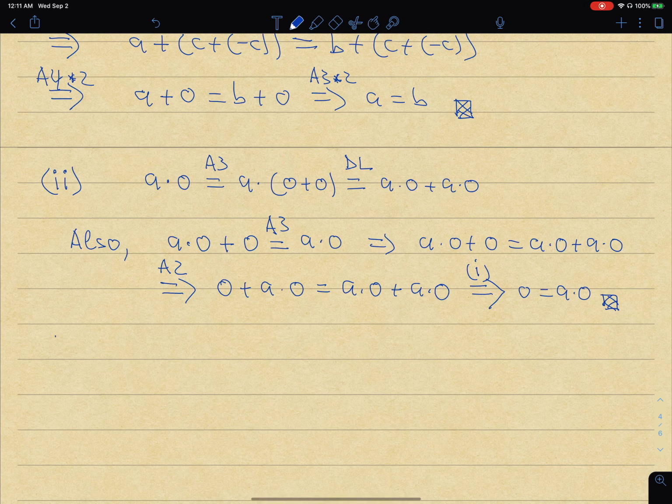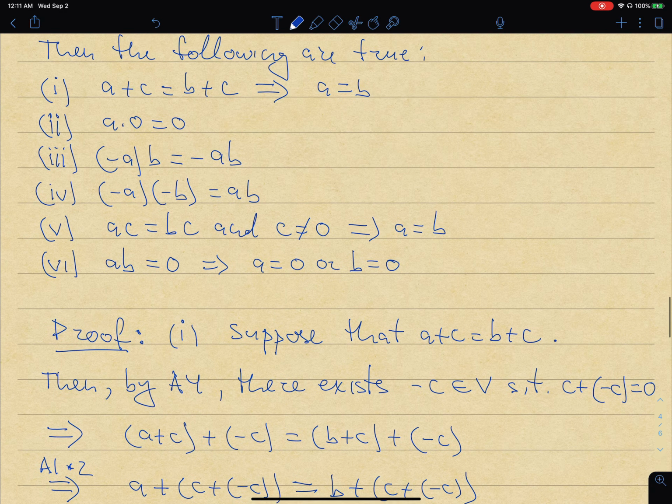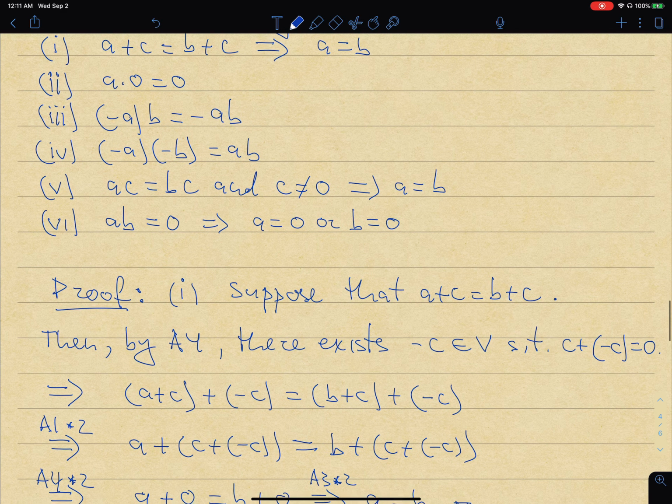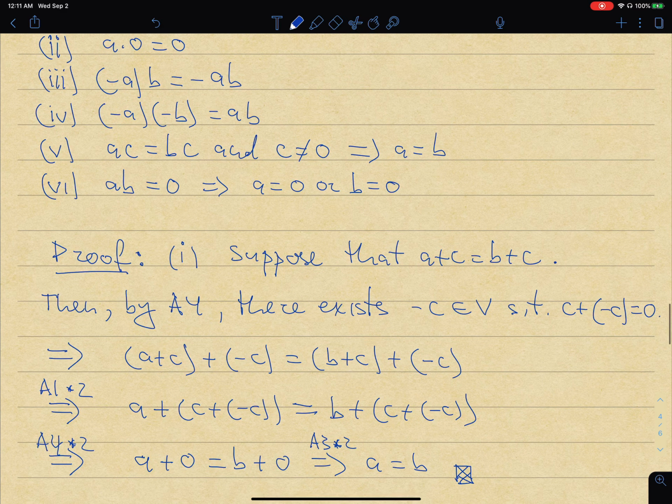And let's try number 3. So in number 3, what do we have to demonstrate again? I want to show that minus A times B is equal to minus AB.